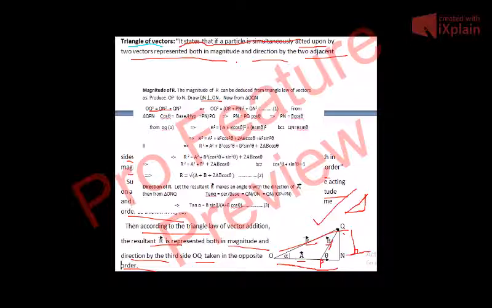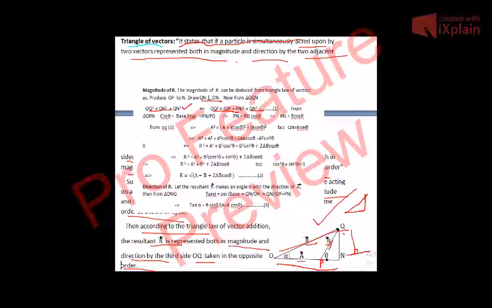So using Pythagoras theorem, we get OQ square is equal to ON square plus QN square. This implies OQ square is equal to OP plus PN whole square plus QN square, because ON is equal to OP plus PN.